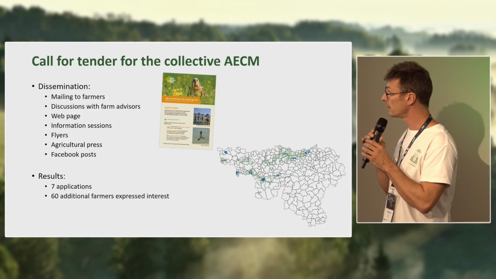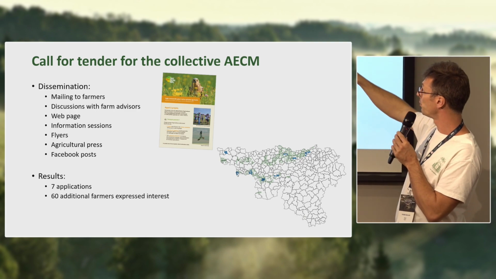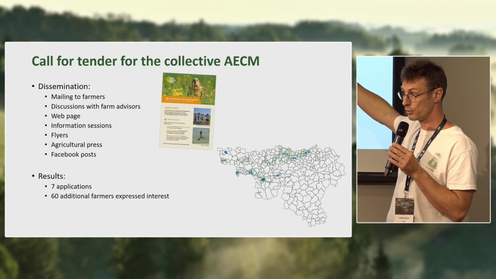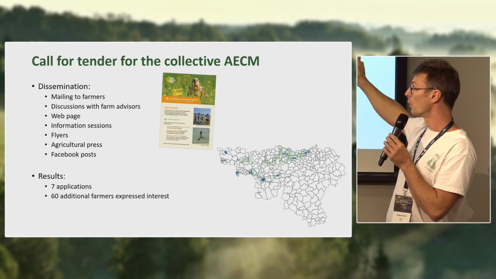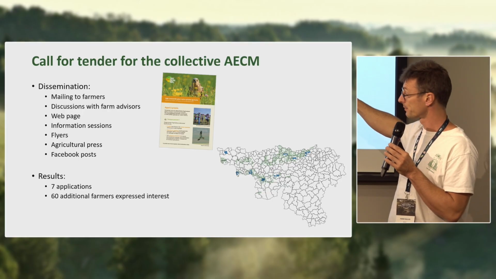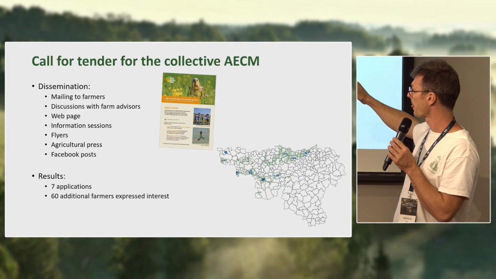Then we made 3 actions that didn't work or were useless. We published some flyers that we tried to distribute through the farm advisor or local partners. We wrote several articles in the agricultural press, and we made some posts on Facebook.